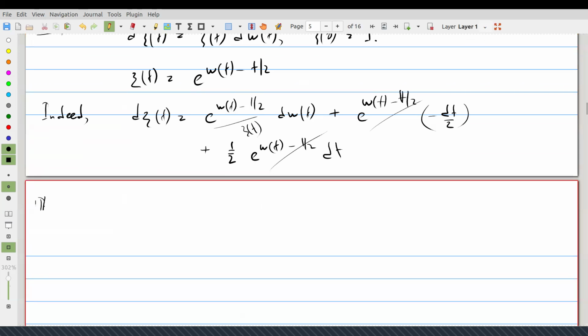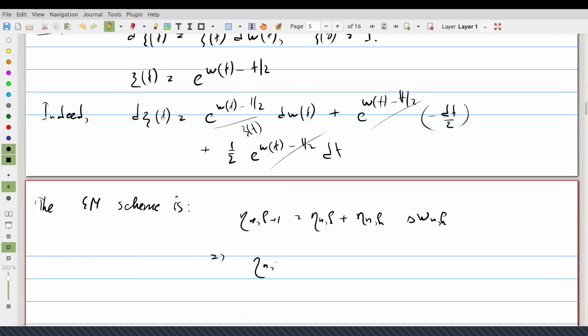Now, the Euler-Maruyama scheme, not the expectation maximization algorithm, is in this case η at n(k+1) equals η at nk plus σ of η at nk times delta W nk, which effectively gives us a direct formula that is just 1 plus delta W nk.